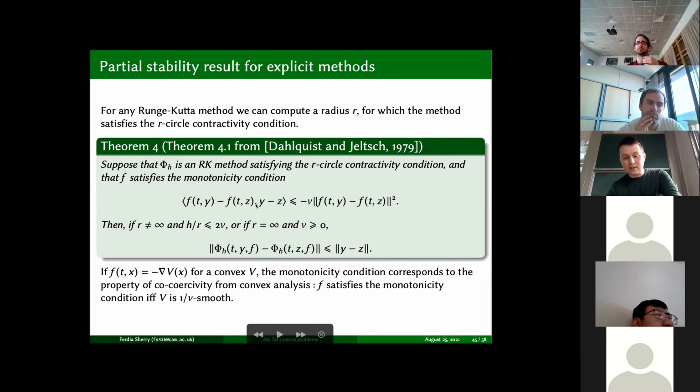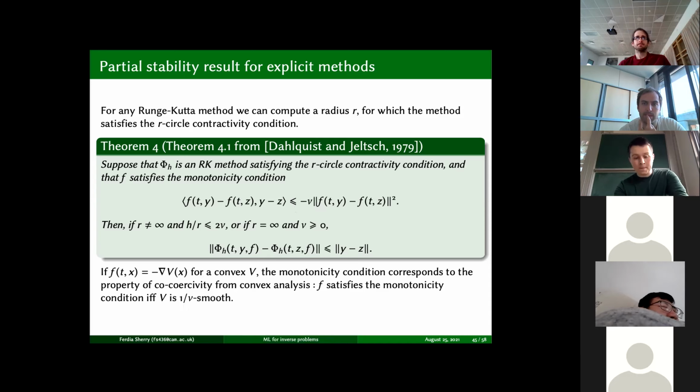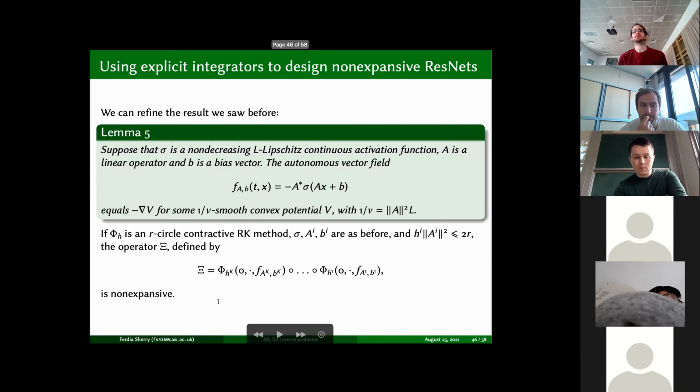And so this condition, if we're thinking again about this convex potential in the background, just translates to the condition that the potential is smooth, in the sense that it has Lipschitz gradients. So we can continue to use this model, and we just have to do spectral normalization.